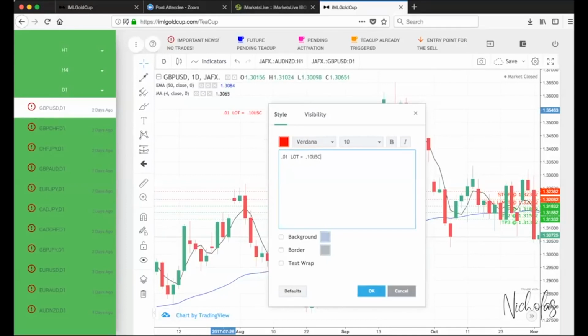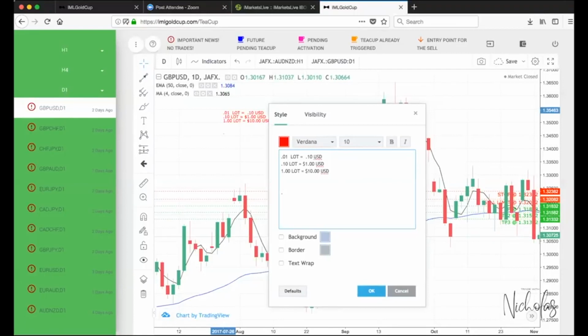That's 10 cents USD. If you're trading 0.10, that's $1 USD. And if you're trading a lot size of 1.0, that's going to be $10 USD, right? If you're trading United States dollars.